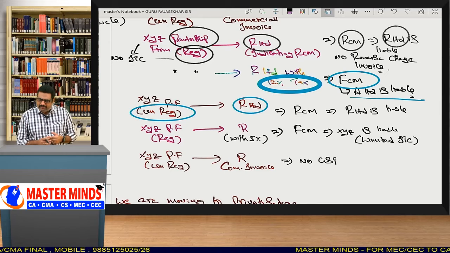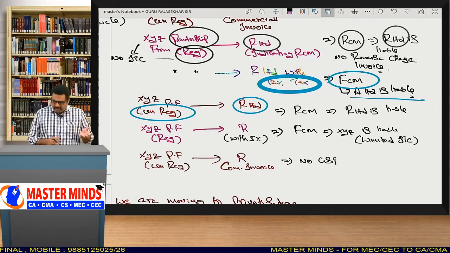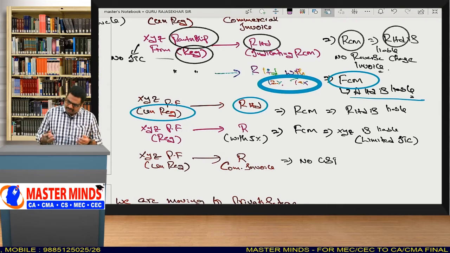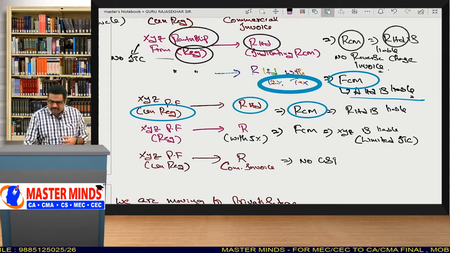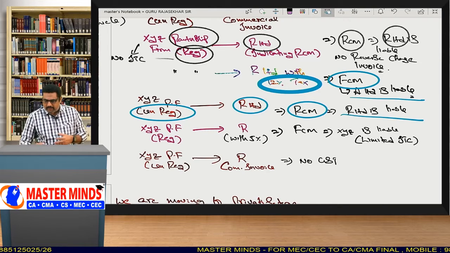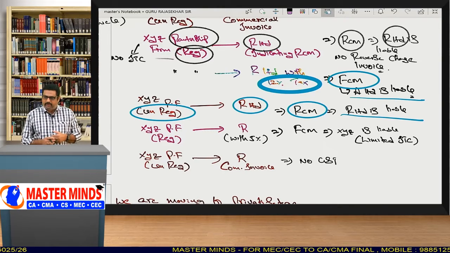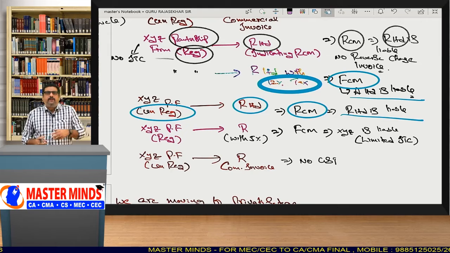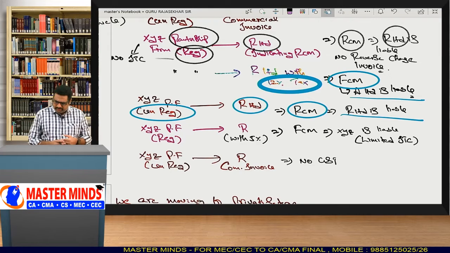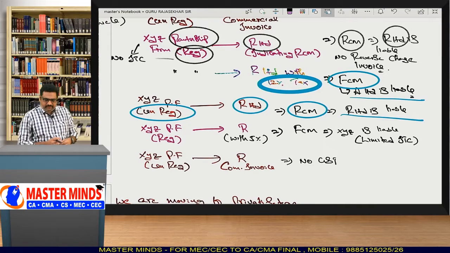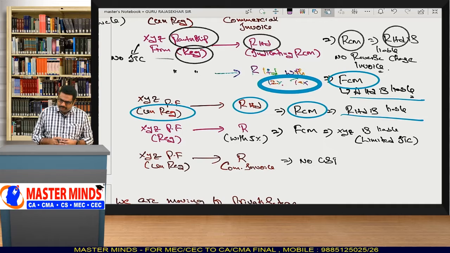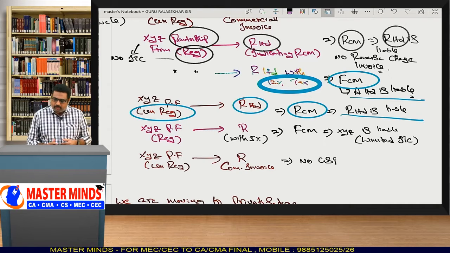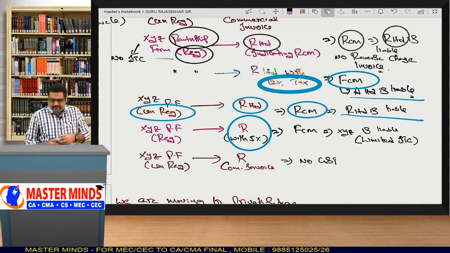Second one, is the recipient a body corporate? Yes. And they are charging 5%? Yes. In that case, RCM is applicable and R Limited, the recipient, is liable to pay the GST. In the same way, another example is there. XYZ partnership firm is a registered person, is providing service to R with 5% ITC.